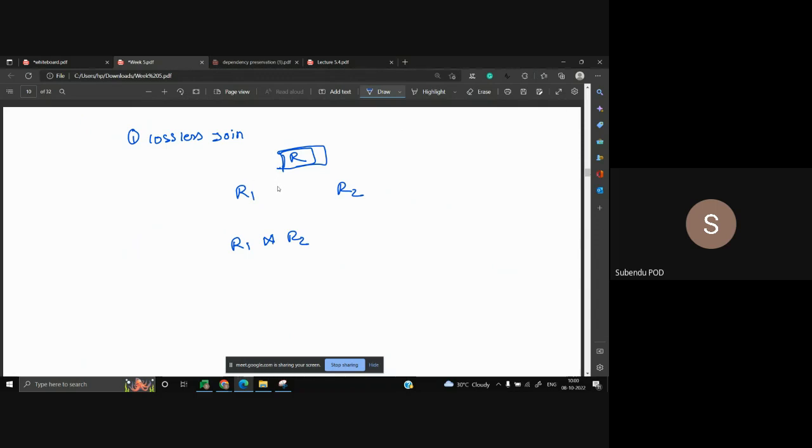What is lossless is clear for everyone. Yes, sir. Okay. And if you do R1 natural join R2 and do not get R, if we get extra attributes or we get fewer attributes or we do not get R, then we can say that this is a lossy decomposition.